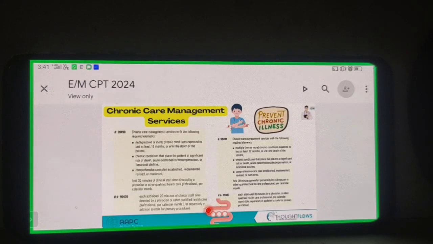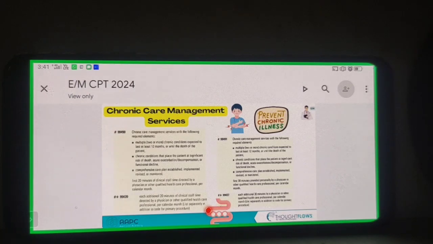Here they are taking the assessment and giving the service for that chronic condition. The doctors are giving the service to the patient to cure the chronic condition.